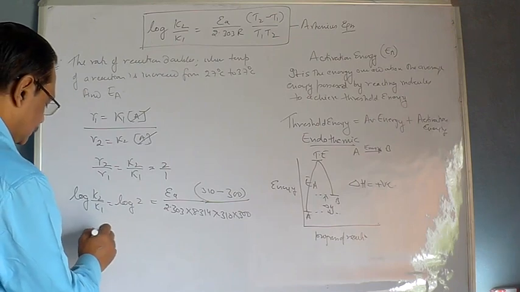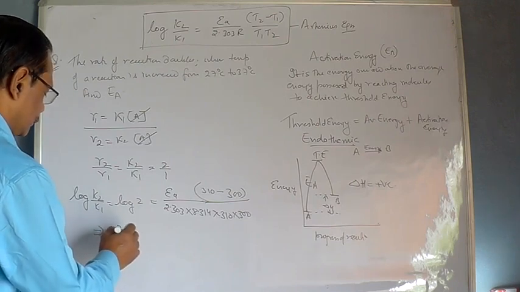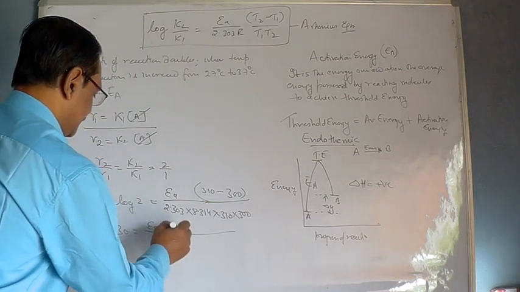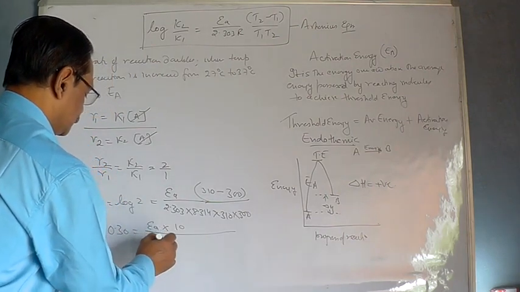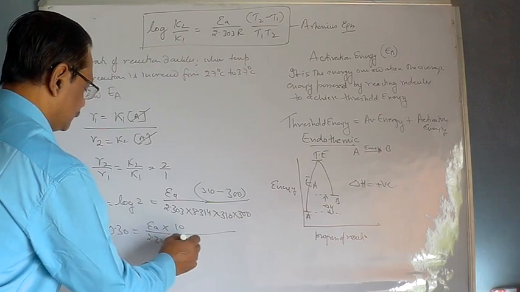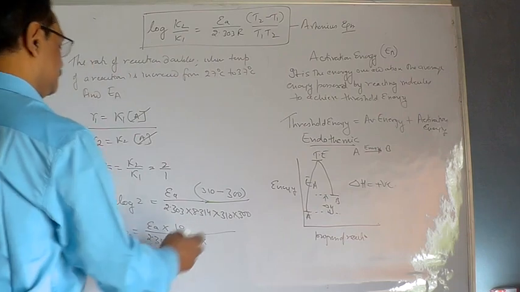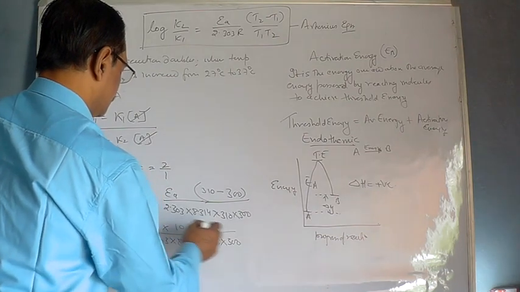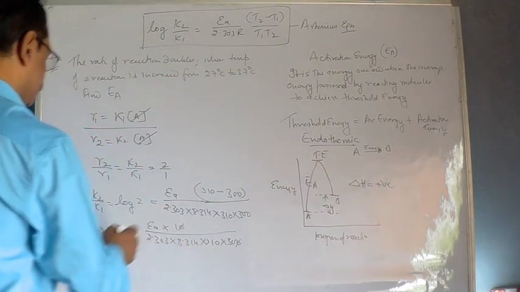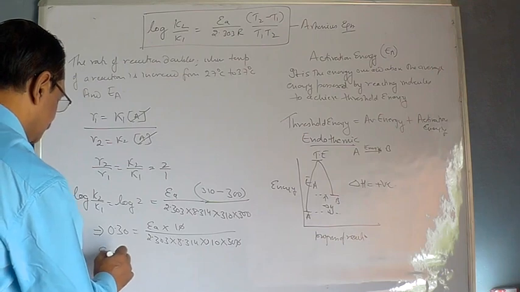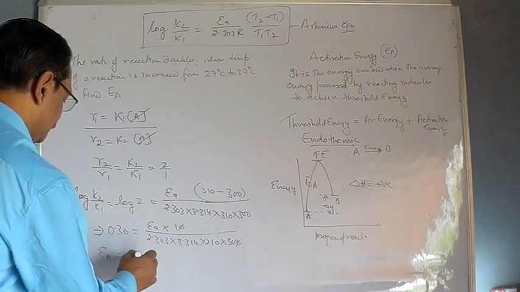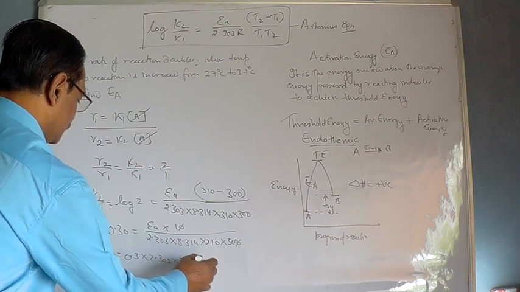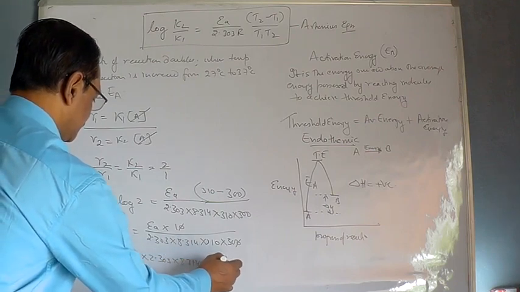In the next step, we all know log 2 is 0.30, equals activation energy multiplied by 10, divided by 2.303 into 8.314 into 310 into 300. 10 goes with 10. So we are left with activation energy equals 0.3 into 2.303 into 8.314 into 310 multiplied by 300.